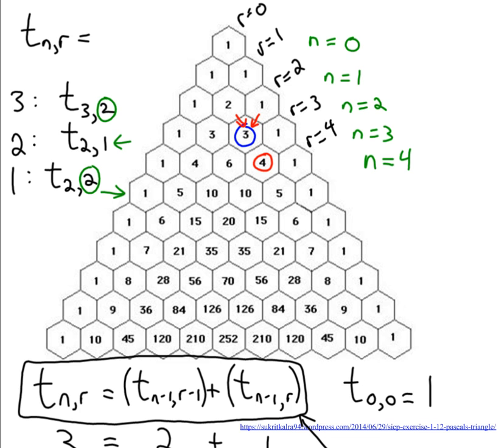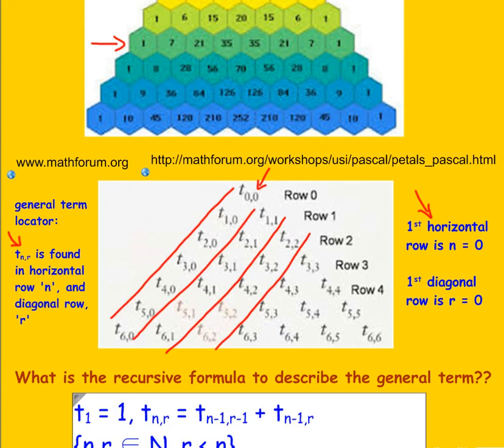And we would notice that even if we got as far as 1, only then is the diagonal row number the same as the horizontal row number. But for every other number in that row of Pascal's triangle, the diagonal row number will always be less than the horizontal row number. So that's just one of those conditions that we have to put on our general term locator.